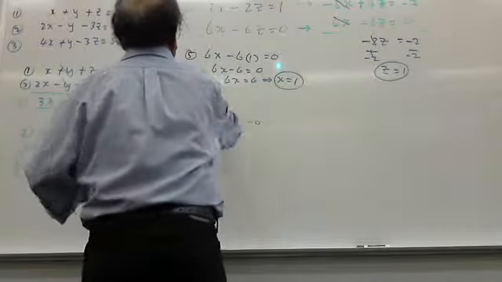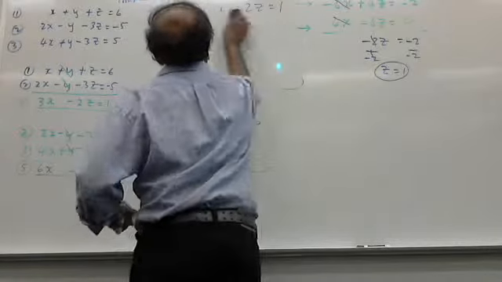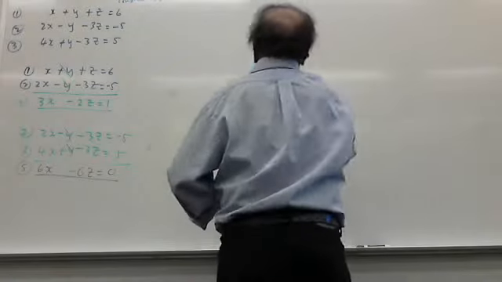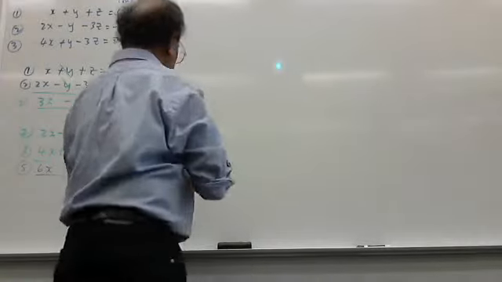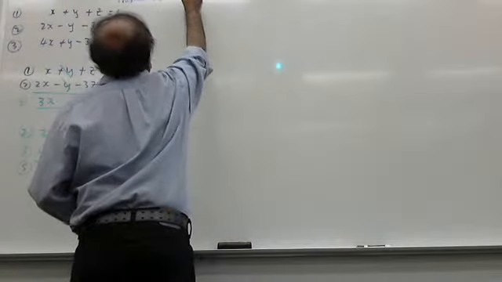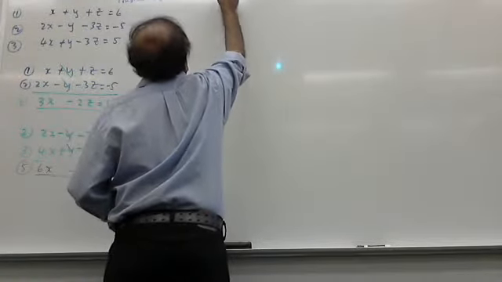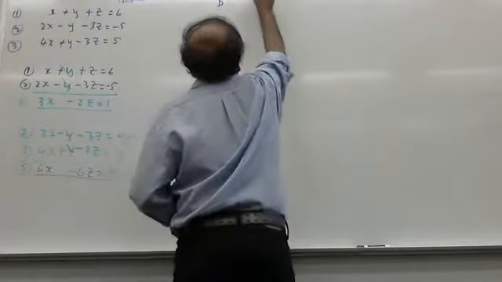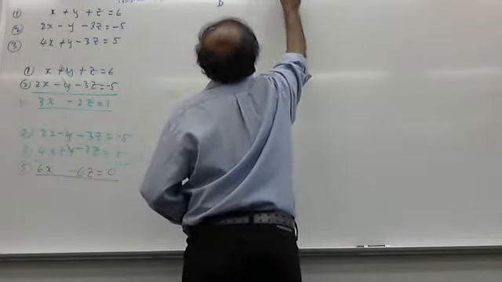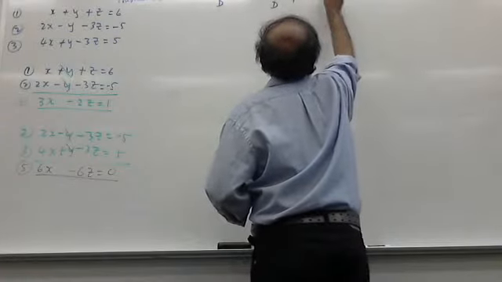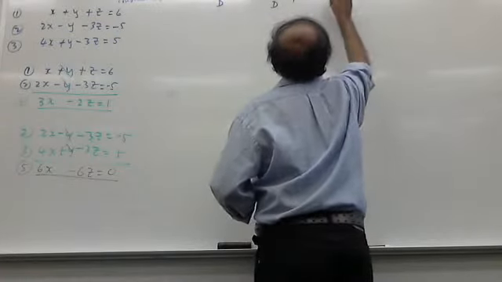What will happen here is that after we find the determinants, x is going to be equal to d sub x over d. y will be equal to d sub y over d. And z is equal to d sub z over d.